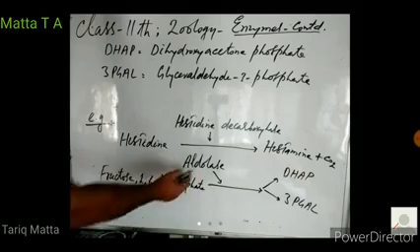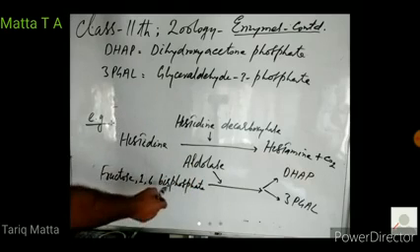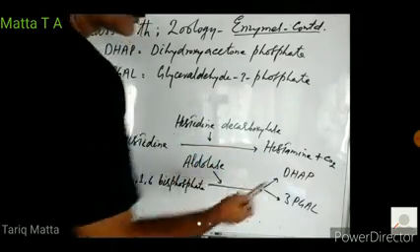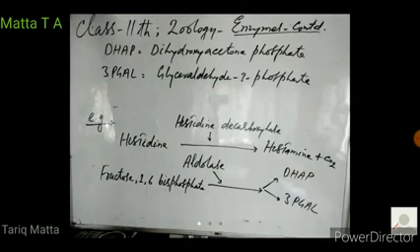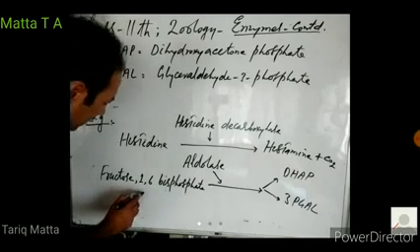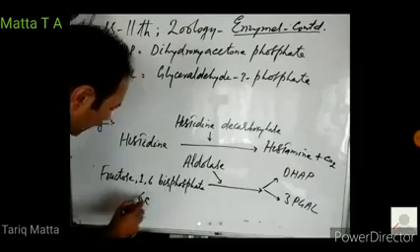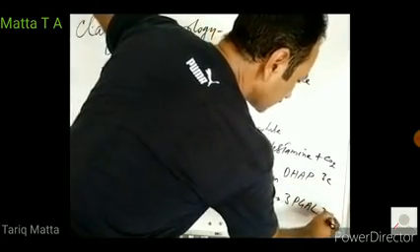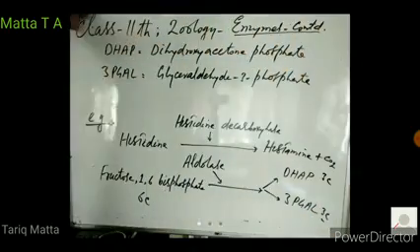For example, aldolase converts fructose 1,6 bisphosphate into two compounds, dihydroxyacetone phosphate and 3-phosphoglyceraldehyde. They are both trioses, while fructose 1,6 bisphosphate is a hexose. So it is a 6-carbon sugar, a hexose. These are 3-carbon compounds, right? So in this way, a hexose sugar is converted into a triose sugar, right?